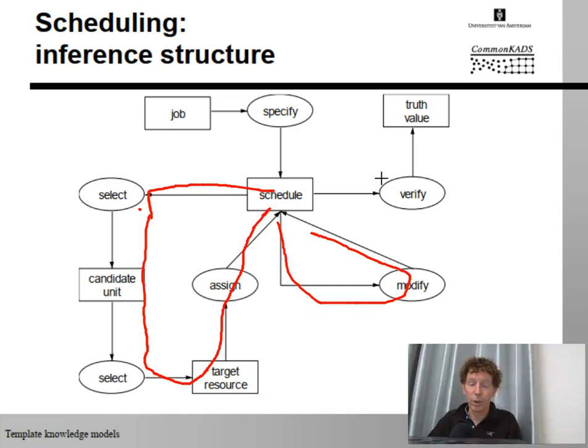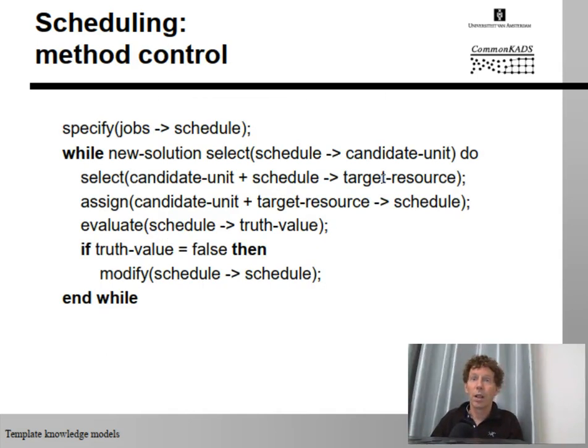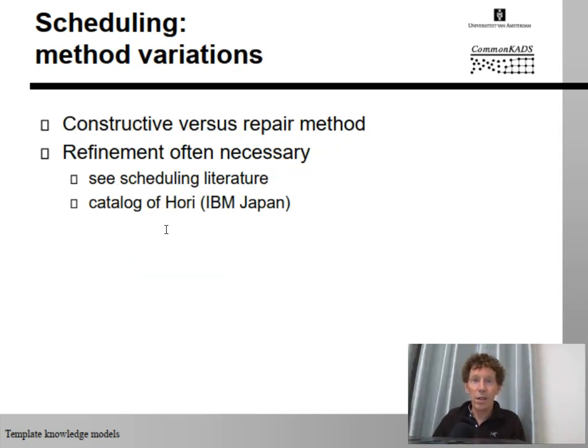So we're going through these two loops, and these two loops are exactly what is found here. So this is the overall outer loop, and this is the modify step in accordance with the infrastructure that we just saw. And of course, finally, just like every task template, this task template also comes with variations.